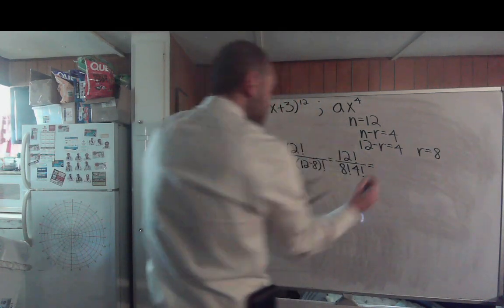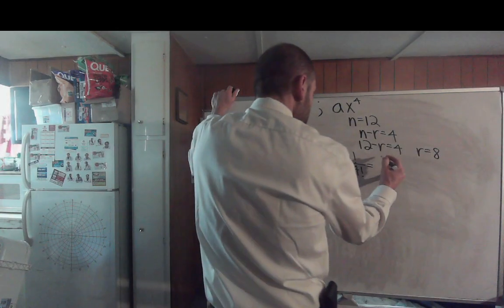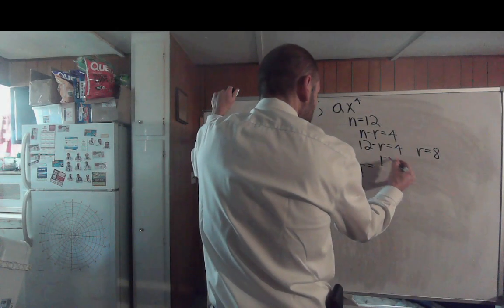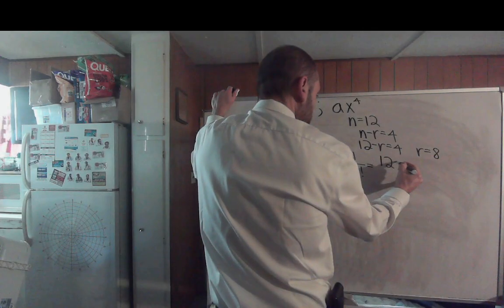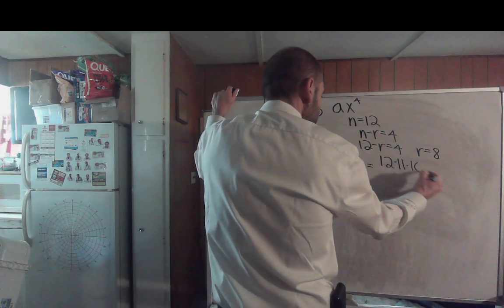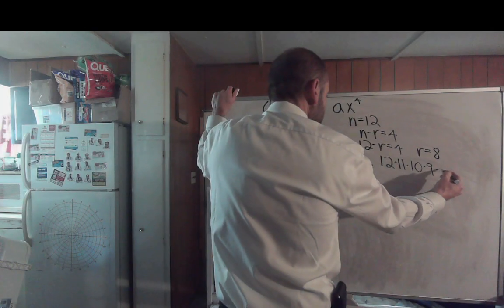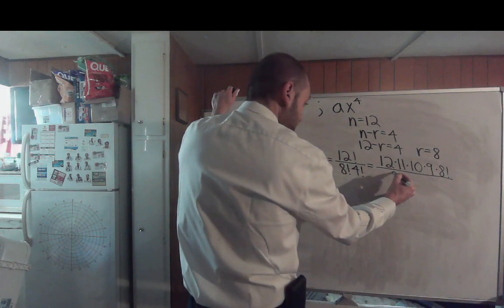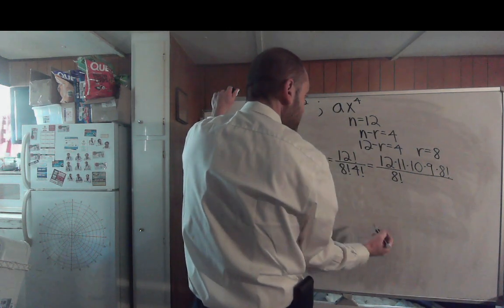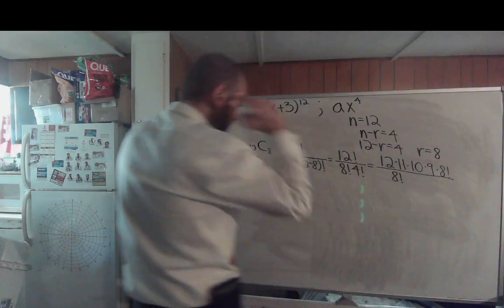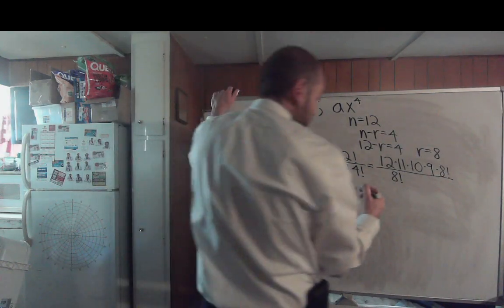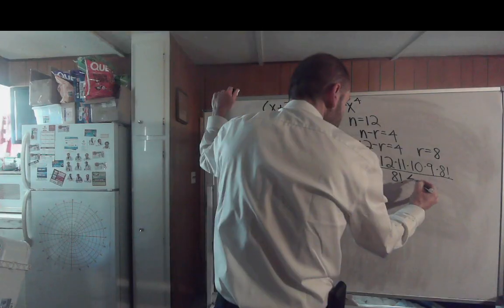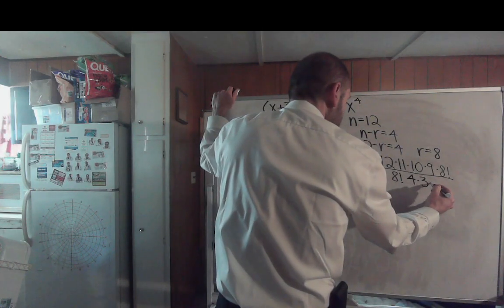Well, the numerator, that 12 factorial is the same thing as 12 times 11 times 10 times 9 times the 8 factorial, all over 8 factorial. Now 4 factorial will expand into times 4 times 3 times 2.